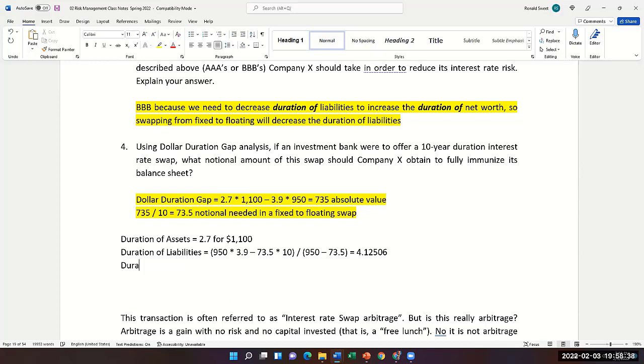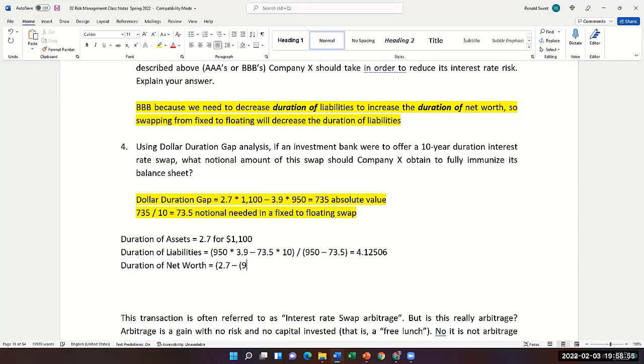So what is our duration of net worth? And that is going to equal 2.7, duration of assets, right? Minus our liabilities.